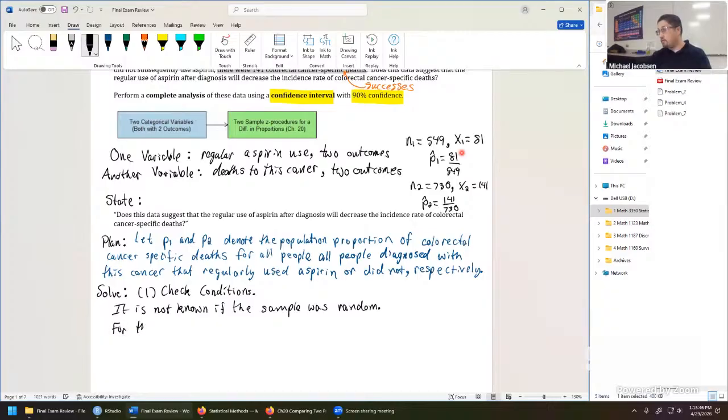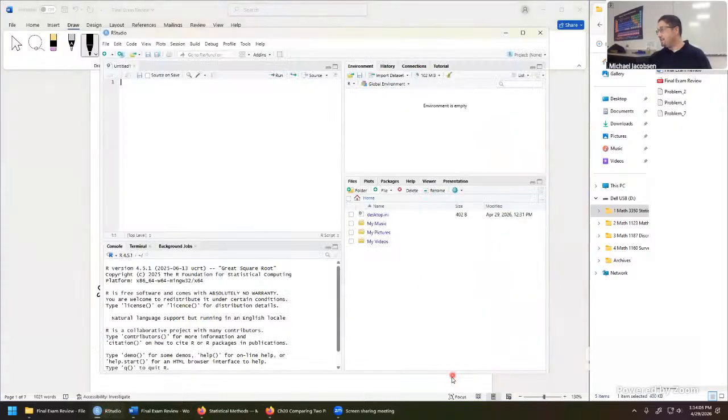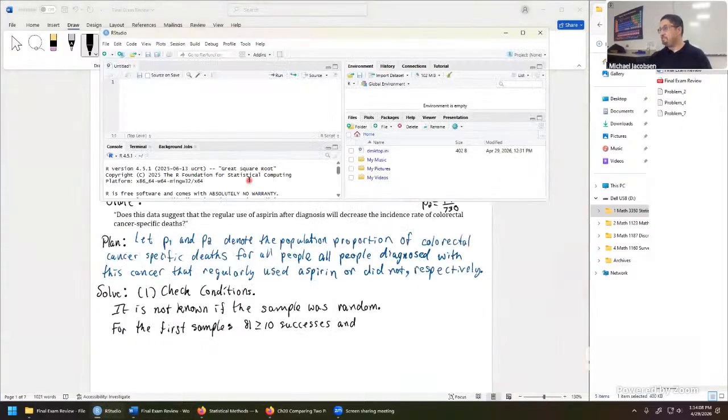For the first sample, we had 81 successes, which is exceeding 10. And for the failures, take 549 minus 81. Let me just do that really rapidly here.